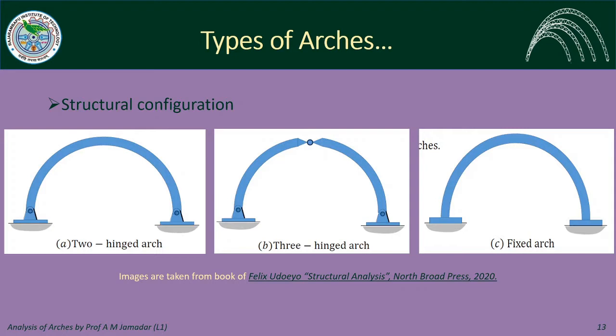What is determinacy and indeterminacy is not in our scope right now, but shortly I will explain what is determinacy and what is indeterminacy. So out of these, the two hinged arch and fixed arch are indeterminate, remember only this. And the central one, the three hinged arch, is a determinate one. Okay, so our scope in this particular course is only limited to the three hinged arch.